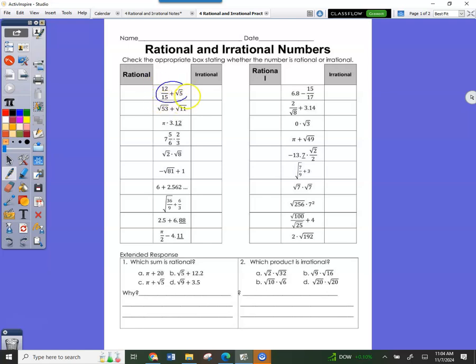So you focus your attention here, and you just say to yourself, okay, is this rational or irrational? What do y'all think? It's irrational because of the root 5, right? So you come over here, some people shaded, some people just put a check mark. Some people put an X, that's fine. But that's how you answer, and then you move on. So now you direct your attention here. Another technique, y'all, is typing it in the calculator and looking at the answer.